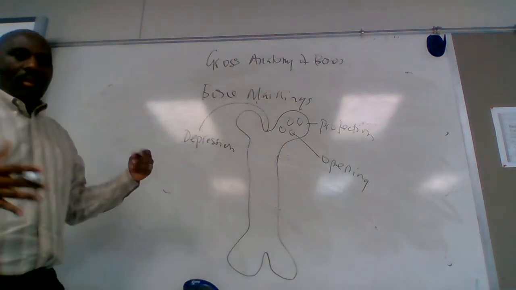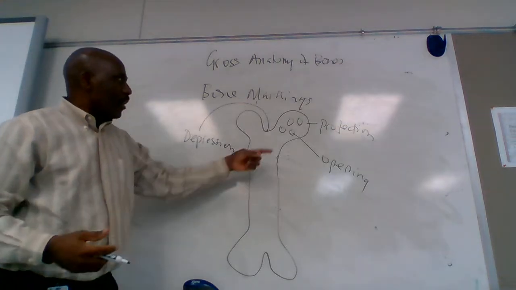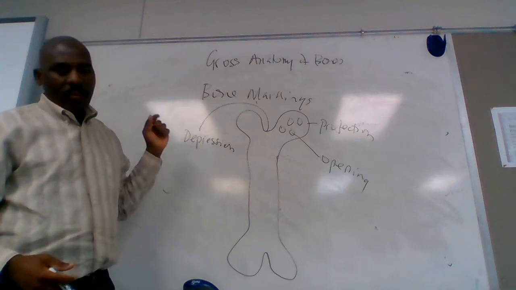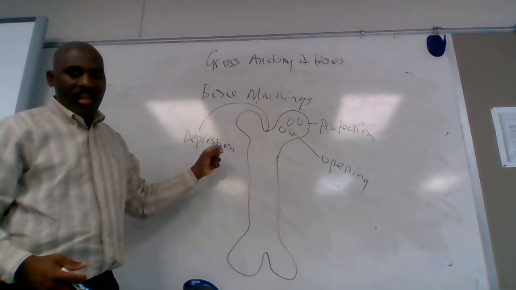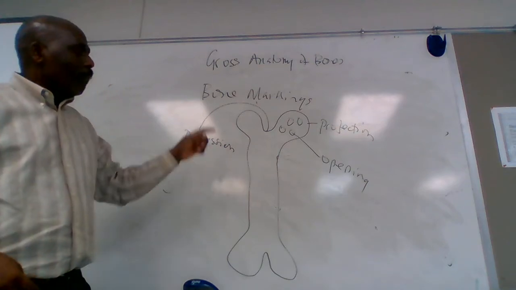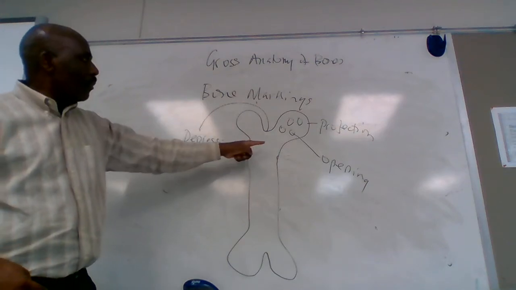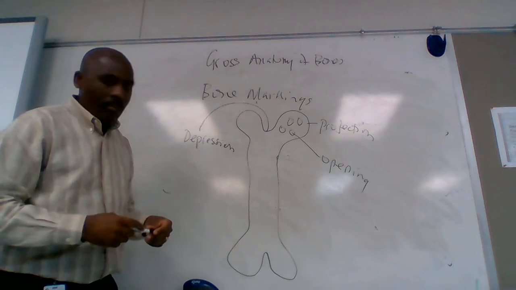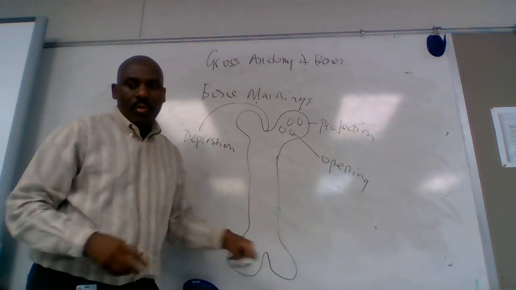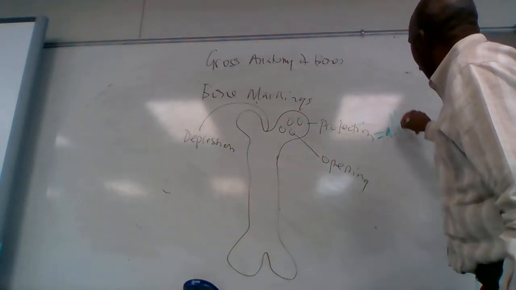So if you look at a long bone externally, you want to see a projection, an opening, and a depression. So these are external bone markings. We can see this on the surfaces of bones. What is the function of a projection in a bone? Why do we need projections in bones? Number one, they are used as attachment sites.